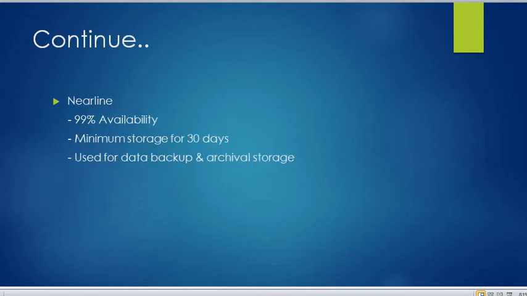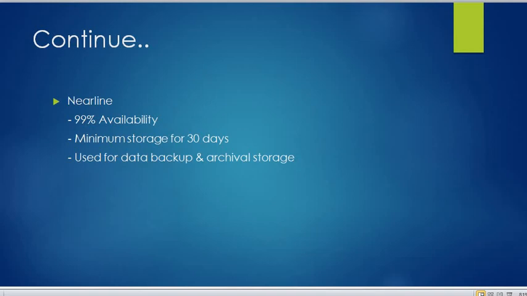The next one is Nearline buckets. Google promises 99% availability here. But the condition is we need to store data for at least 30 days in this case. These are very low in cost, used for infrequently accessed data, for example data backups and archival storage.